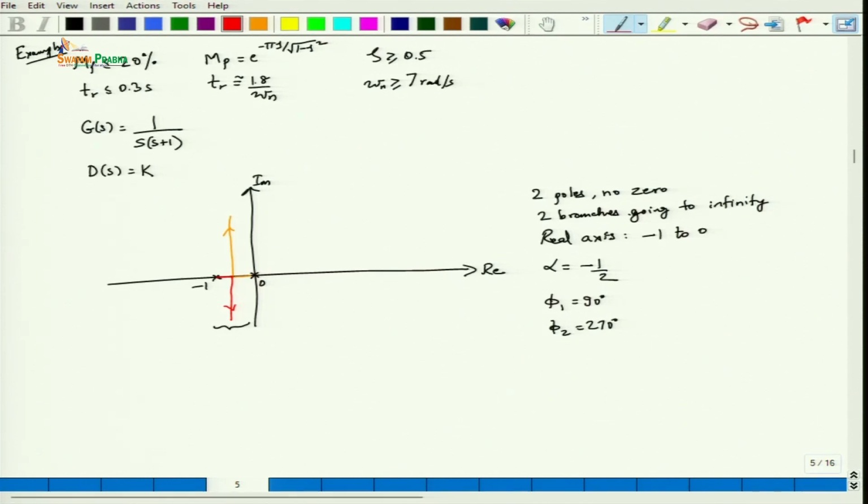Now if we see these particular specifications, what you will find is zeta greater than 0.5 implies that we are going to have a line at 30 degrees here.